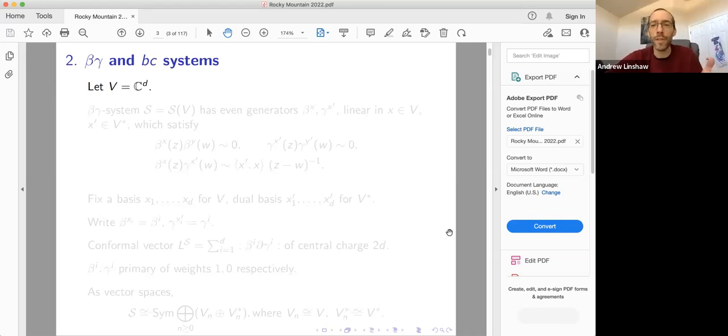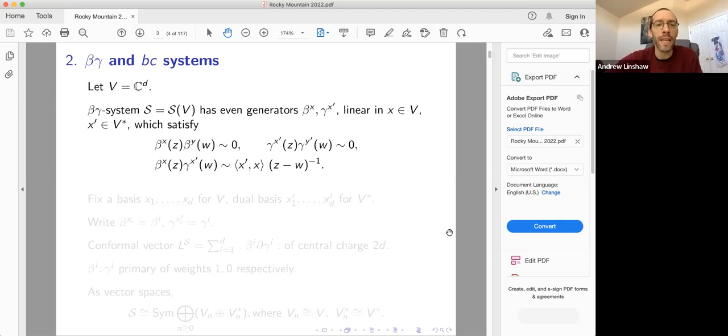So let me just remind you what this is and fix the notation. So V is a vector space of dimension d. The beta gamma system is a vertex algebra that you can attach to this vector space, which has even generators, beta x and gamma x prime. So these are linear in V. So I don't choose a basis, but beta is linear, that means that beta x plus beta y equals beta of x plus y, and same thing for the gammas.